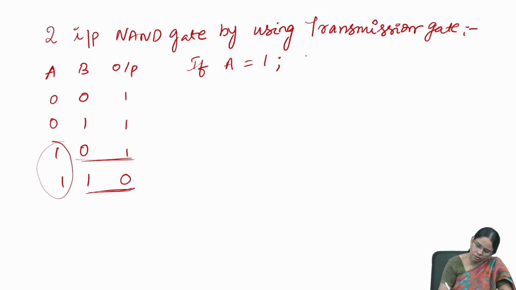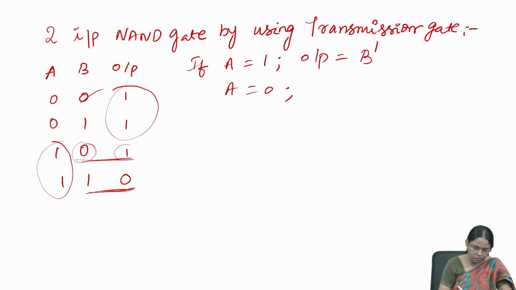That is the reason I am taking the output as B dash. Why? Because if B is 0, output is 1. If B is 1, output is 0. So my output is B dash. If A equals 0, my output is 1 irrespective of the B input. So my output is logic 1.